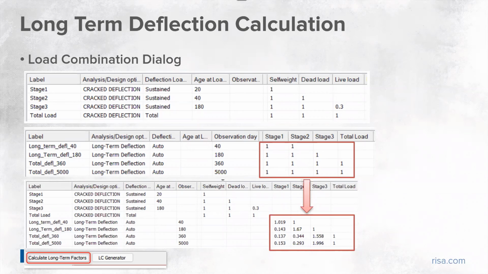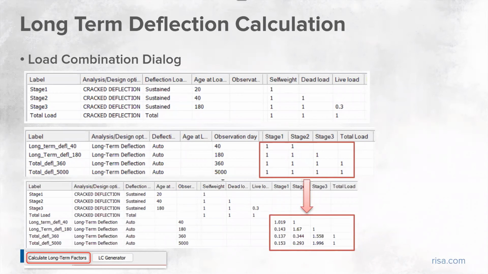So what does this mean for all these factors? These are actually the multipliers that will be used to calculate the deflection at each stage. For instance, if we look at the long-term deflection at 40 days, we have a load multiplier equal to 1.019 for stage one, and a multiplier equal to 1 for stage two.